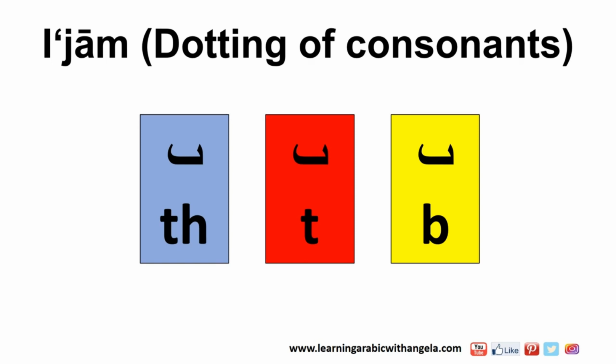If we add i'jam or dots, the distinction is clear. Reading from right to left, the way Arabic script is read, we can distinguish the following letters: ba, ta, and tha. Nowadays, i'jam are not considered diacritics but part of the letter itself.